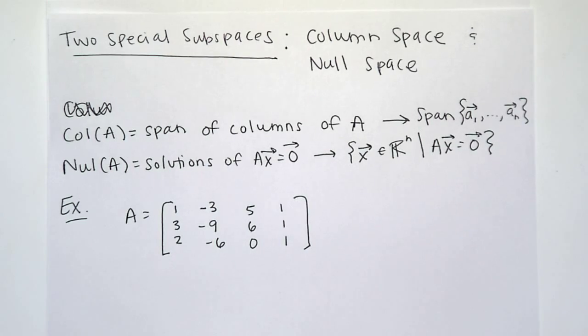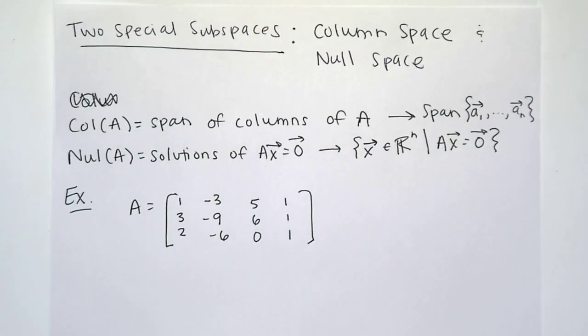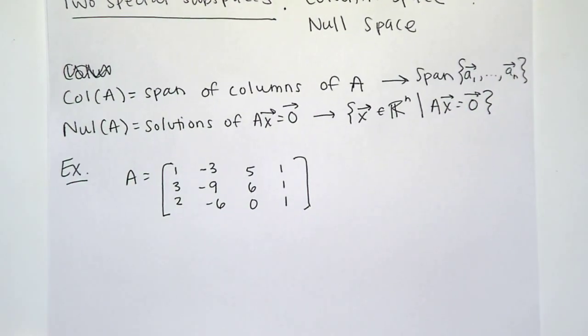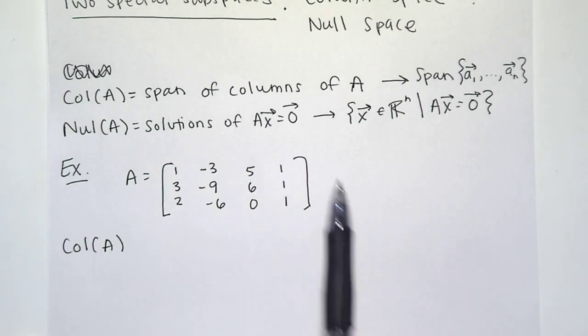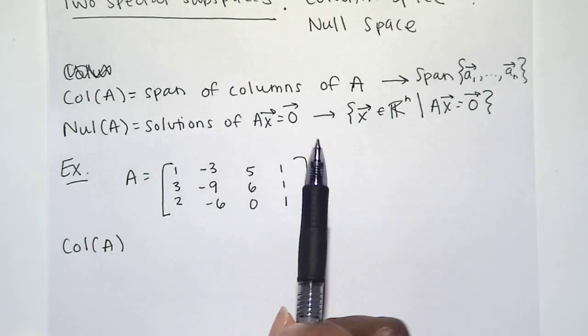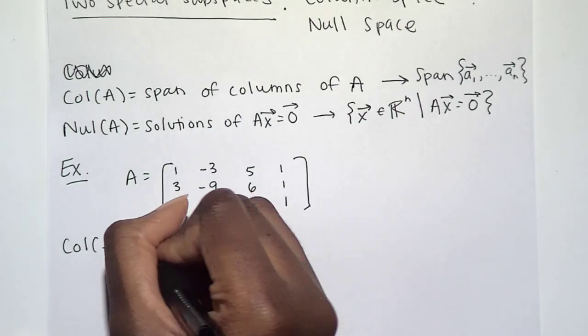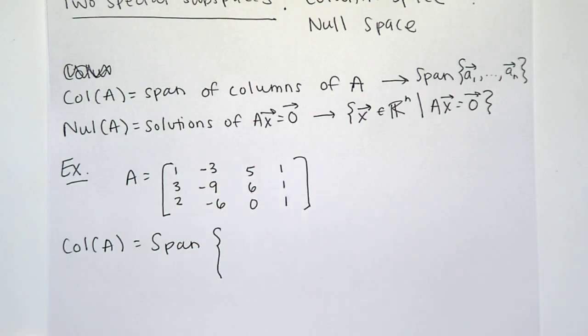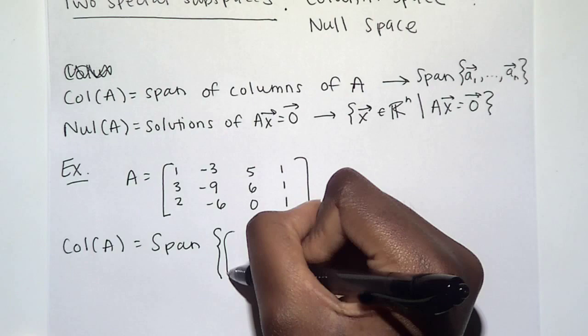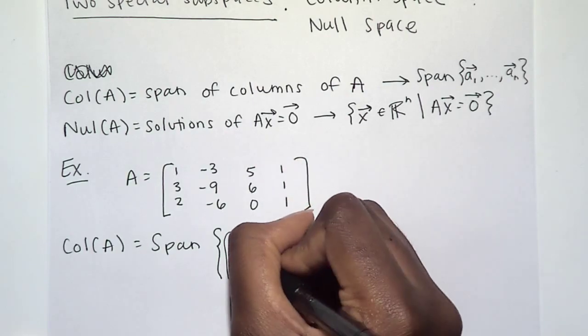All right, so first we're going to find the column space of our matrix A. Remember, it's just the span of all of the columns of A. All right, span of our columns.